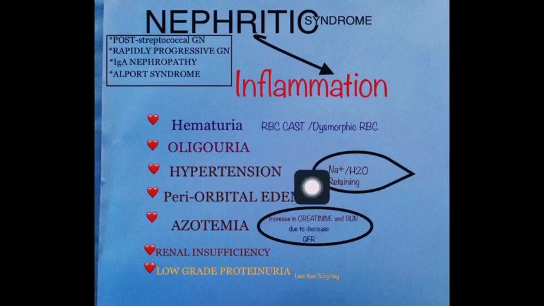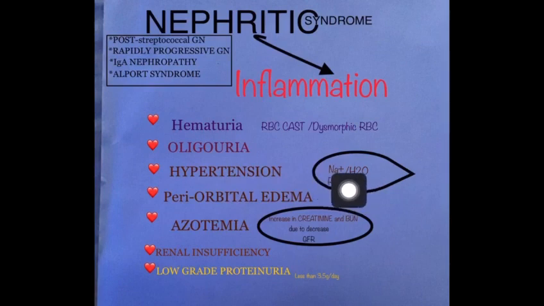And due to the inflammation in the kidney, your body will retain sodium and water inside the blood, because your kidney is unable to filter properly, and this can cause hypertension and periorbital edema as well, right? This edema can be generalized, but in nephritic syndrome, periorbital edema is a characteristic feature, so I wrote it here.